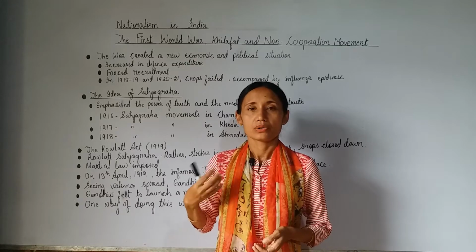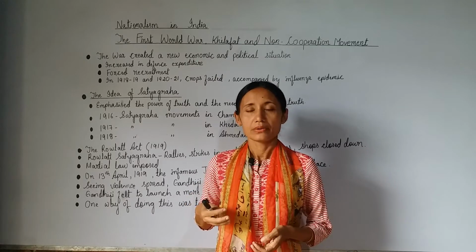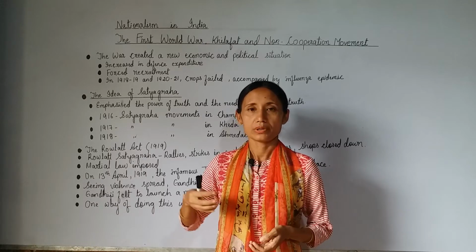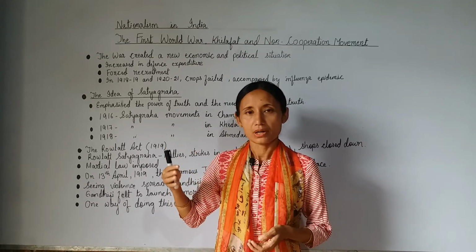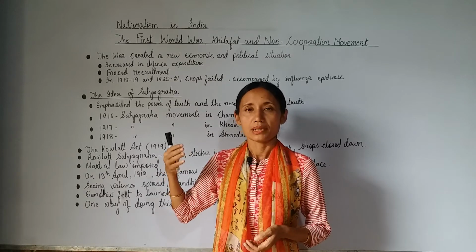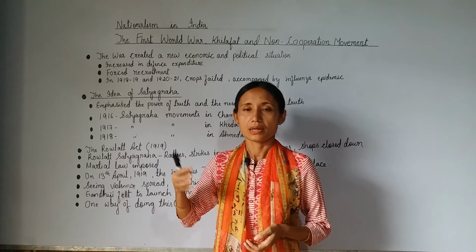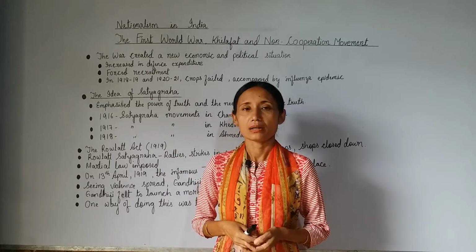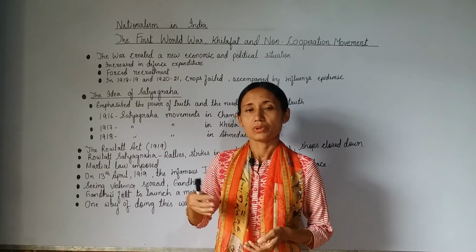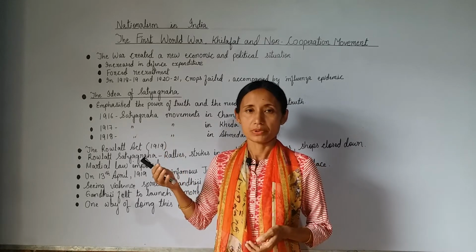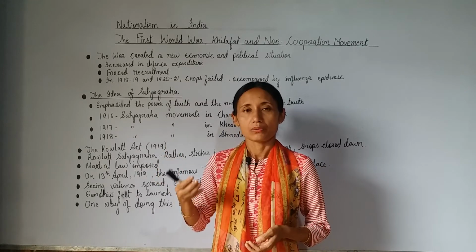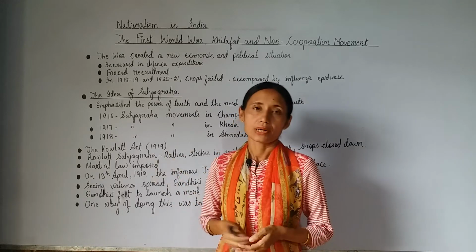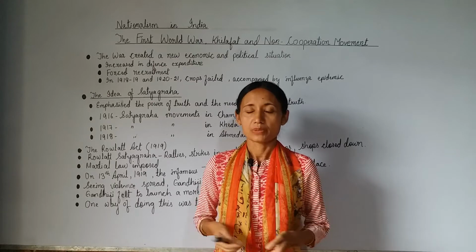So he organized the Satyagraha Movement among the Indians who were residing in South Africa, mostly working as indentured labor, against this oppressive rule of the white people. And this Satyagraha movement was successful in South Africa. After he returned to India, he also started organizing Satyagraha movements in various parts of India.